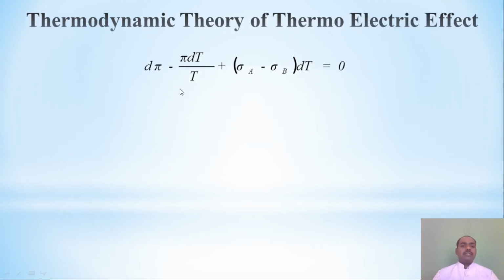That is written here: d pi minus pi dT by T plus (sigma A minus sigma B) into dT is equal to 0. If we take the minus pi dT by T term to the RHS, we will get d pi plus (sigma A minus sigma B) into dT is equal to pi dT by T.